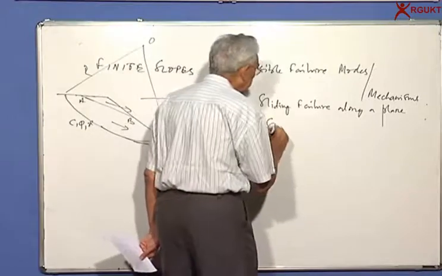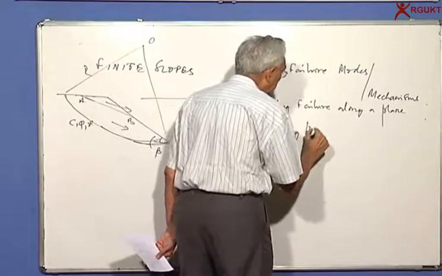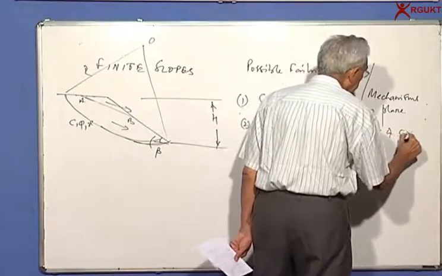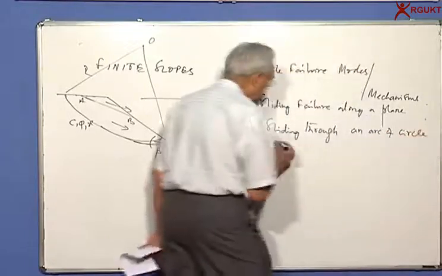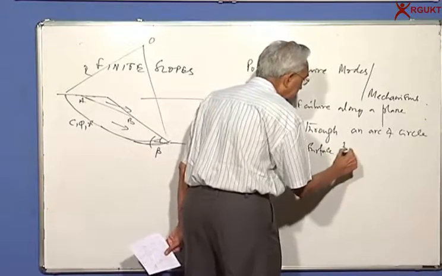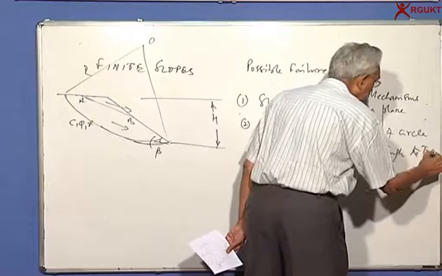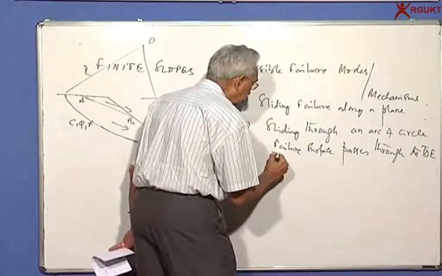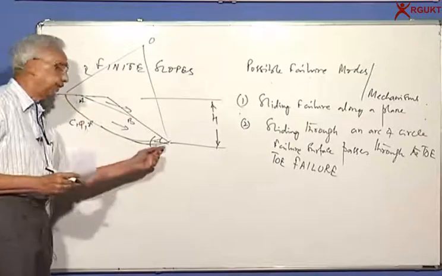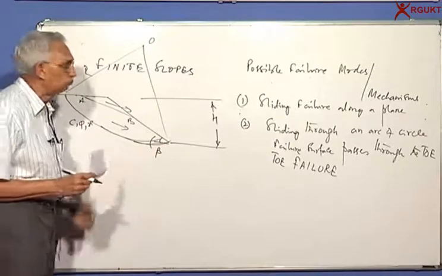So sliding through an arc of circle and the failure surface passes through the toe. So we call it toe failure. What is toe failure? The failure surface daylights on the toe.